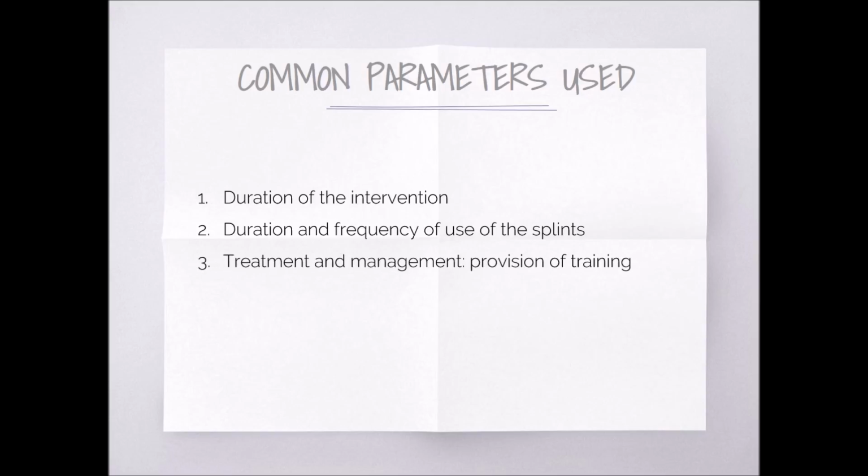Number 3. Treatment and management, wherein specific tasks and modifications were given to the participants, such as giving a specific splint for them to use, and the provision of training in using the affected extremity. Number 4. Instructions given, such as the usage of splint, home instructions, and reminders to practice at their respective homes for further improvement and progression.